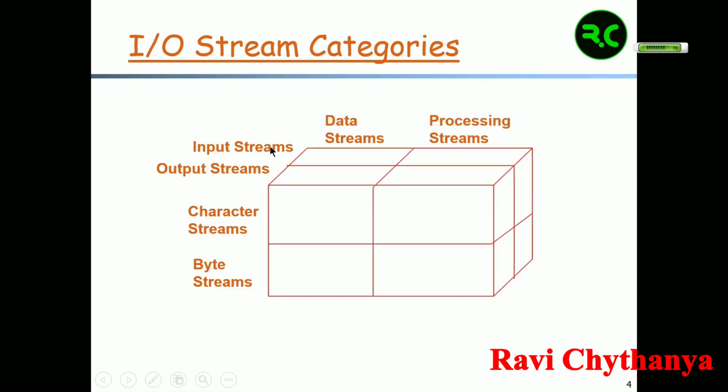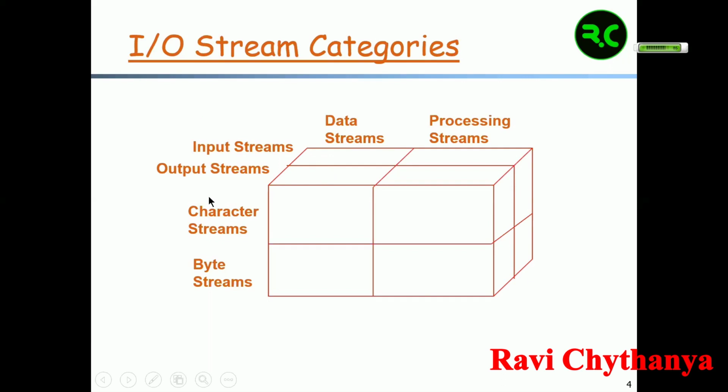Here, the input stream and output stream are the two types of streams. The input stream may be a data stream or a processing stream. The input stream may be a character stream, which can have a data stream, and a character stream may be used for altering the stream input.